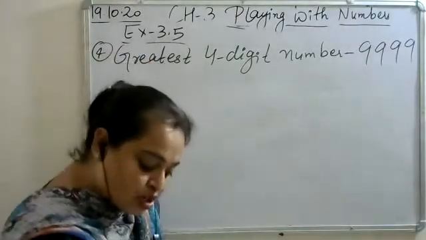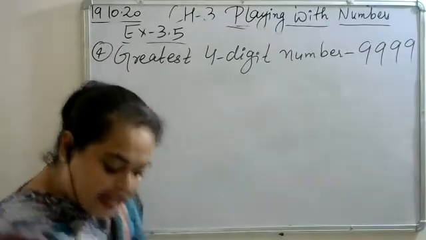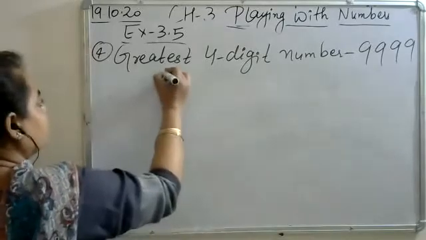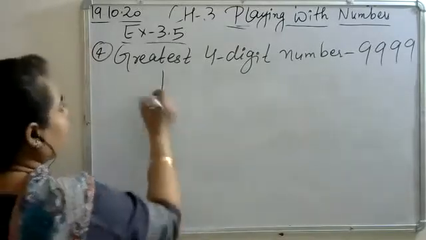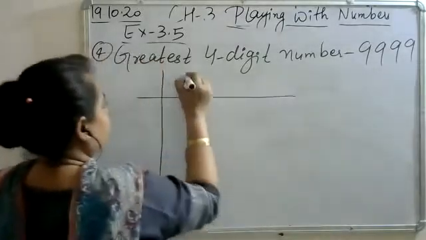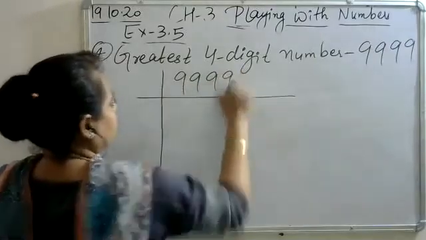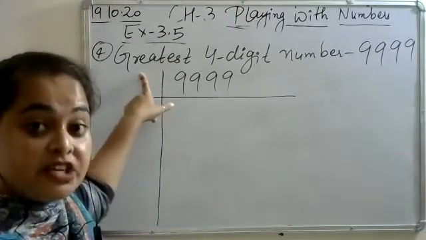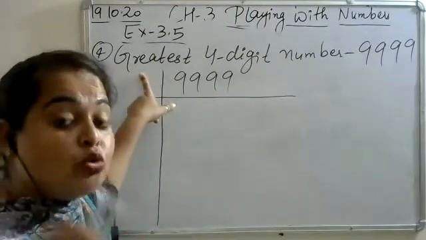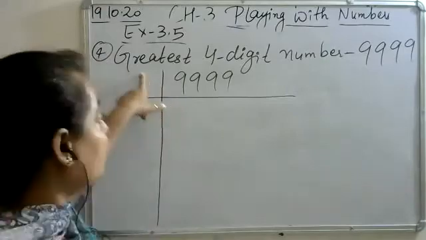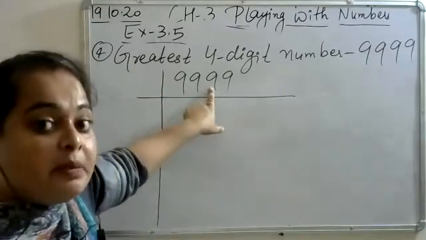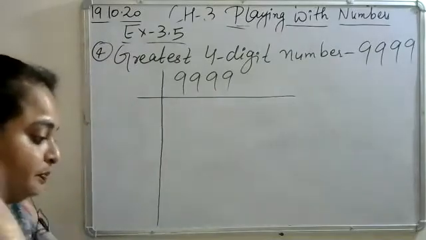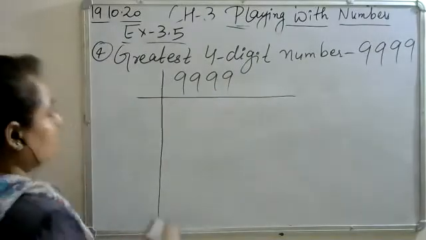Now, the question is to express this as prime factors. It means we will find out the prime factors like this. First of all, again, prime factorization means you will use only prime numbers. Now, this is divisible by which prime number? Write down in the chat box. Very good. By 3.